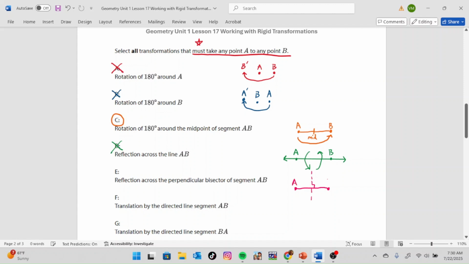We can say that this is A and this is B. So if I reflect A across the perpendicular bisector, it will in fact go to B because they must be exactly the same distance from the perpendicular bisector by definition. So that means E is another correct choice.